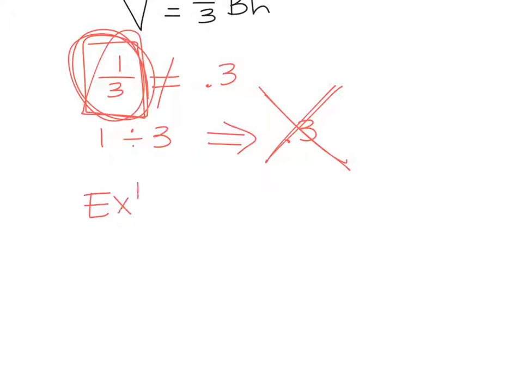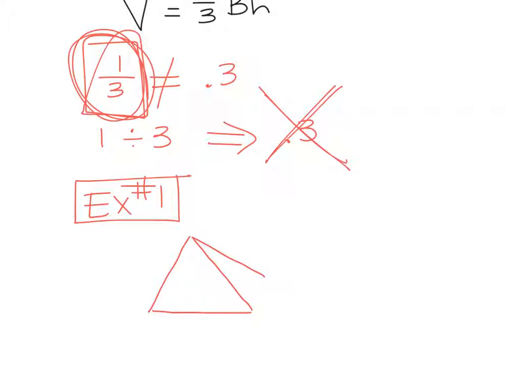Example 1 here. If we have a square pyramid, give it your best shot. They give us a height here. Is that H height or slant height? That's H, okay?